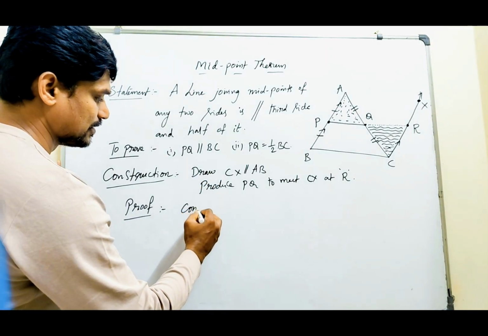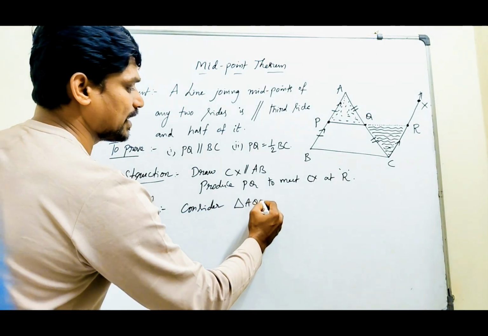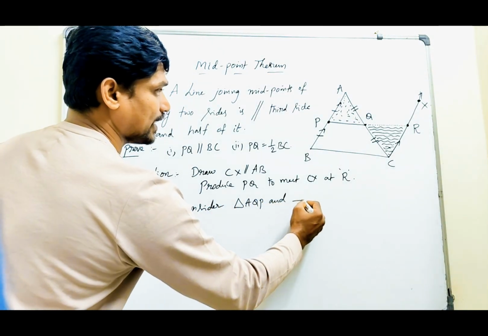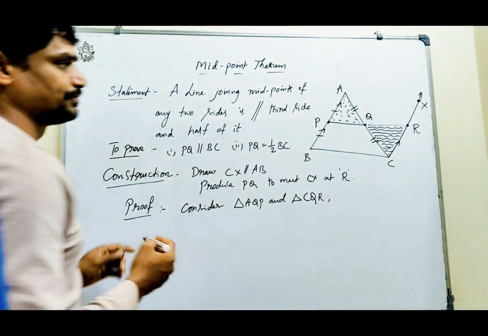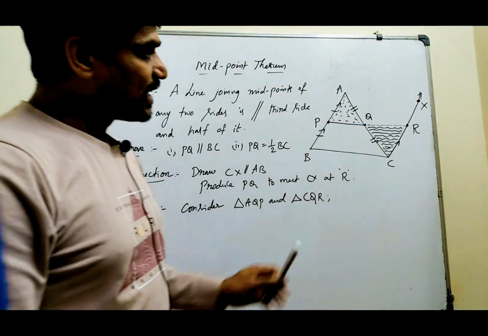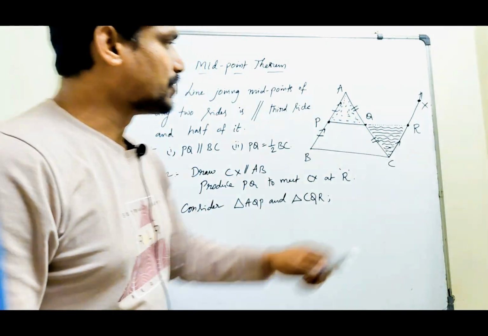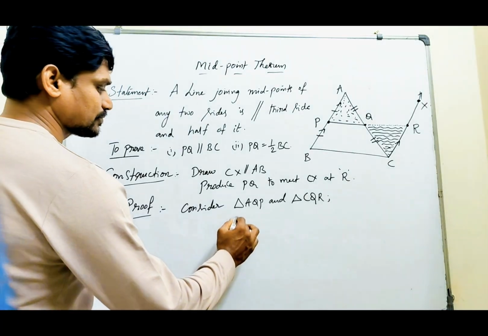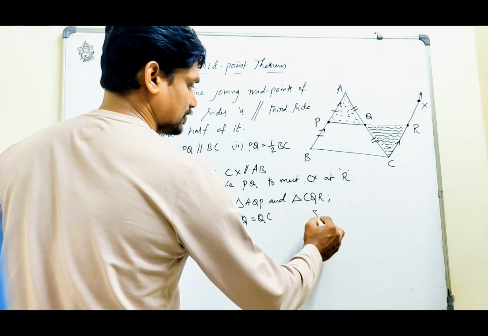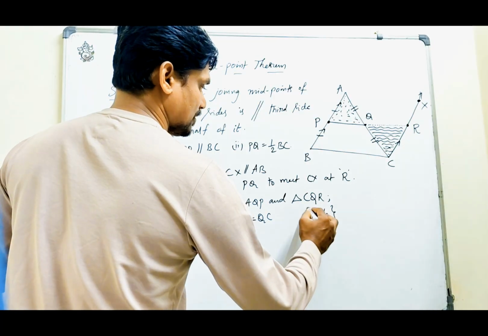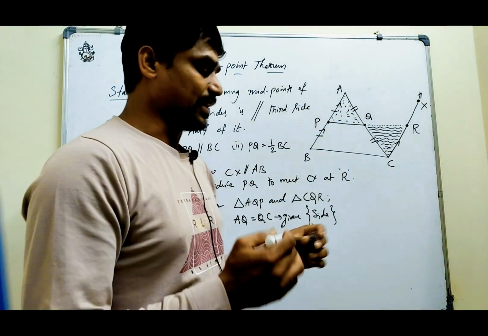Consider triangle AQP and triangle CQR. From these two, if you clearly observe, this one AQ is equals to QC, correct? Given Q is midpoint, so therefore AQ is equals to QC.